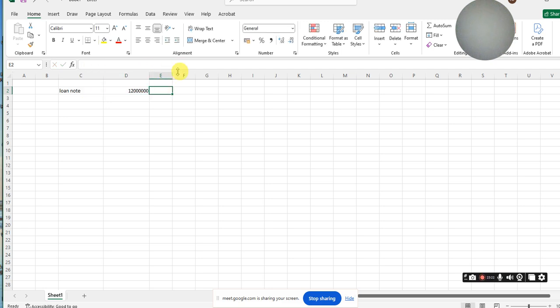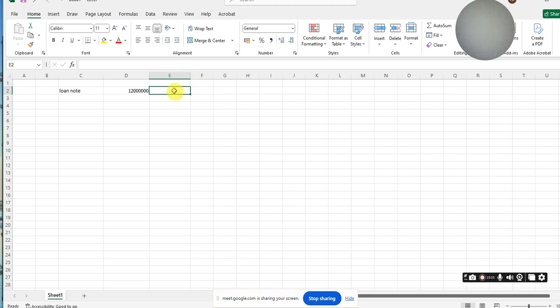The interest on it is, let's say, 120,000. Then we have a bank overdraft of 8 million. The interest on that is, let's say, 70,000.